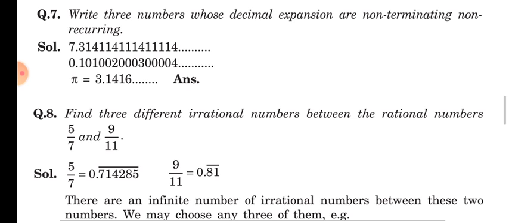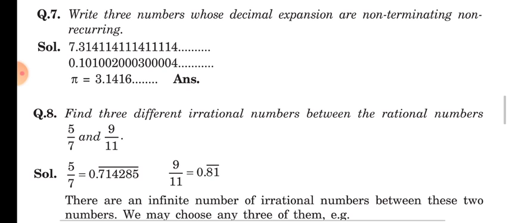Next, see one more example. 0.10100200 3404 and so on. In the second example also you can see the decimal expansion is not terminating, and none of the digits are repeating. So we can say non-terminating and non-recurring.